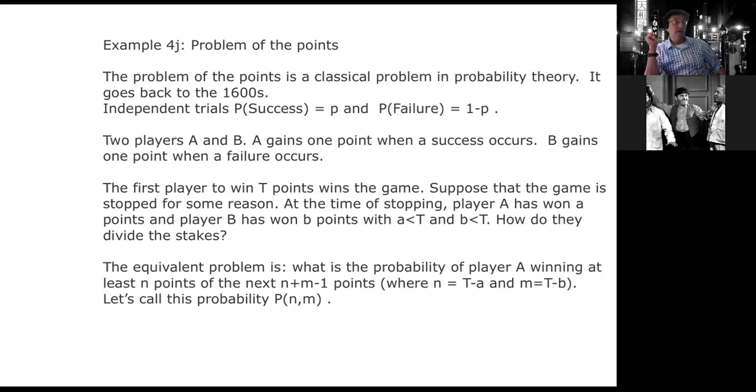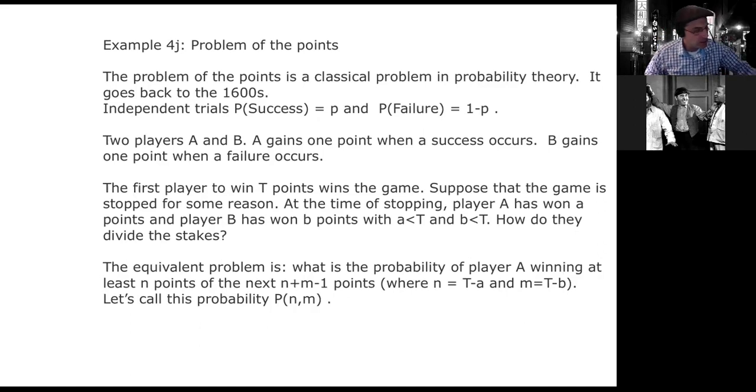So the equivalent problem, which is easier to formulate mathematically, is: what's the probability of player A winning at least n points of the next n plus m minus 1 points, where n is t minus a and m is t minus b? So that's the question, and we're going to call that probability P_nm.